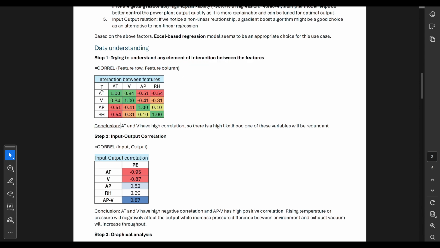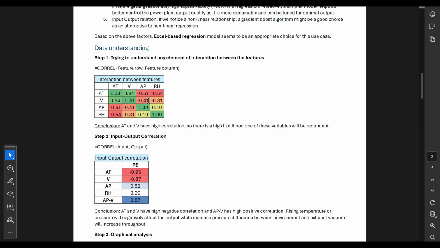And what we are seeing here with this particular table is, obviously, AT to AT, the correlation will always be 1 with itself. However, we see that there's a high positive correlation between V and AT. For the other features, it's not as high.